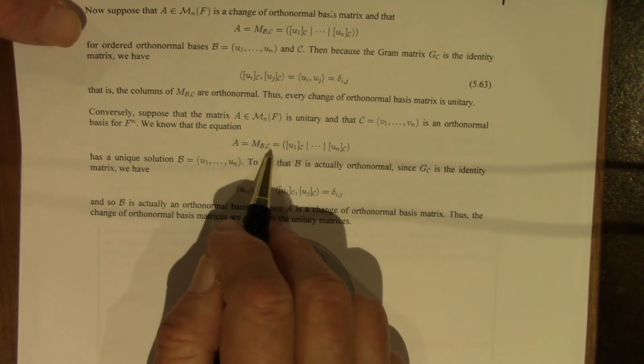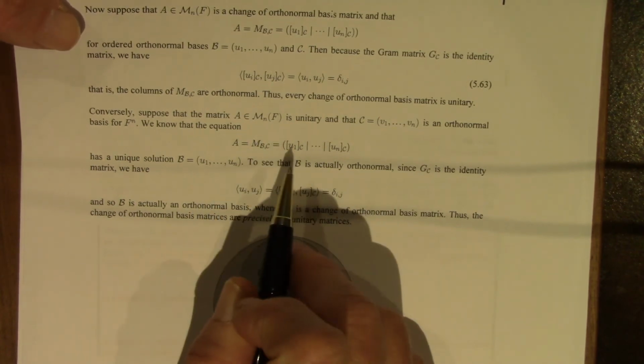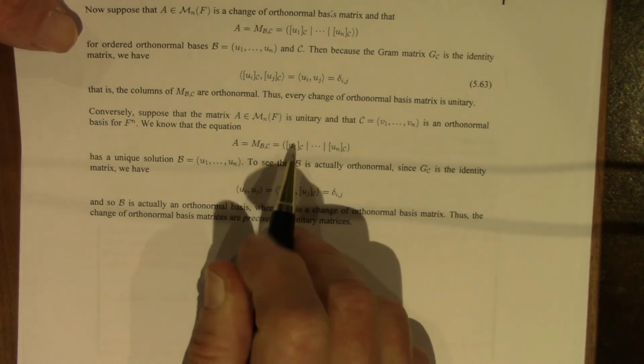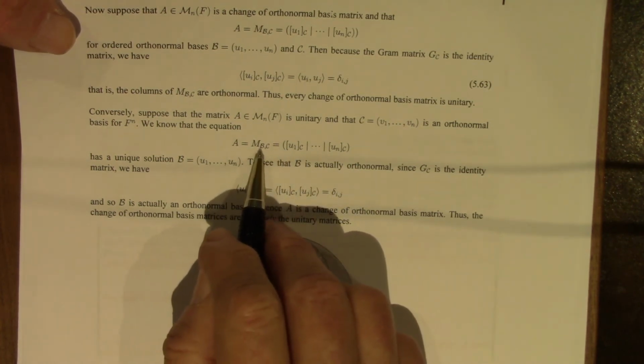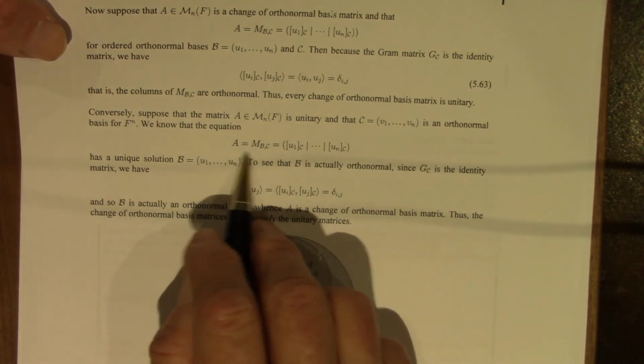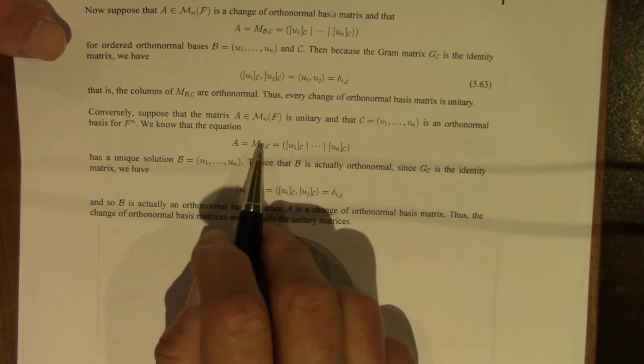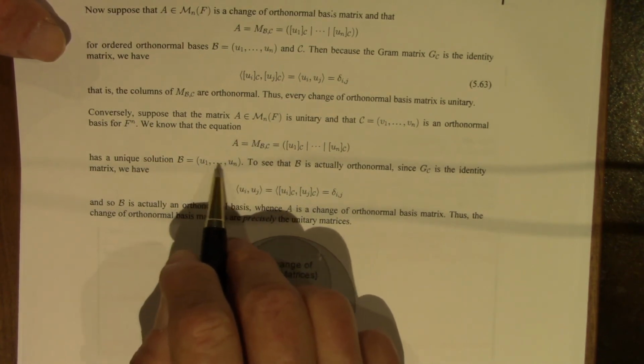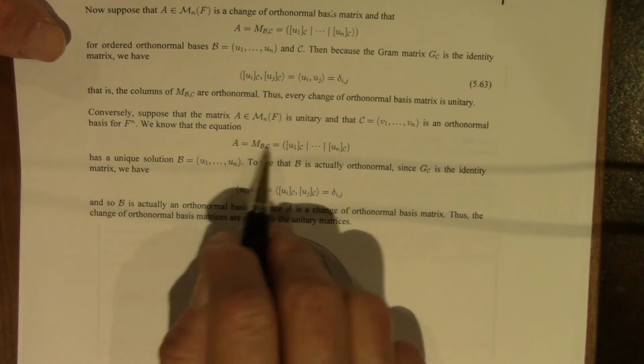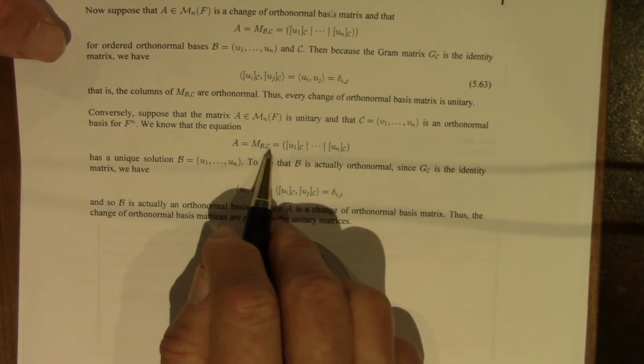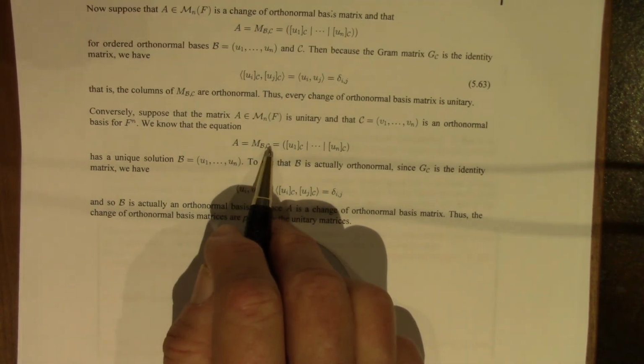C is an orthonormal basis. Therefore, we know that there is a unique basis B, u1 through un, that fits this equation. What we need to show is that B is orthonormal. That will tell us that A is a change of orthonormal basis matrix.